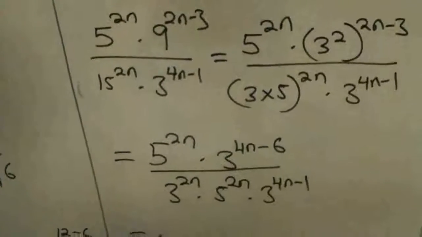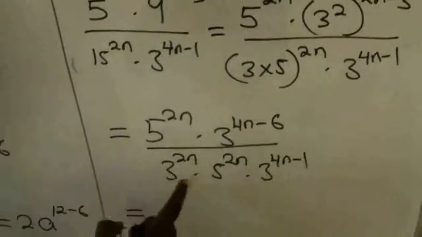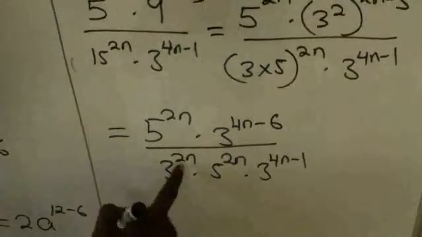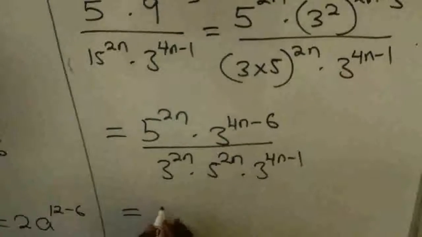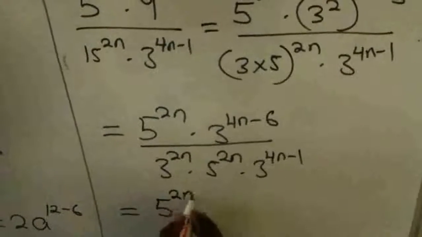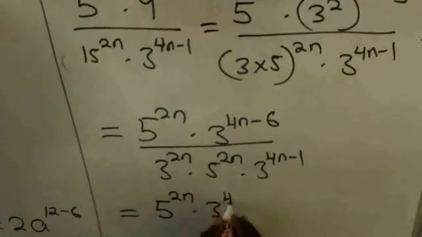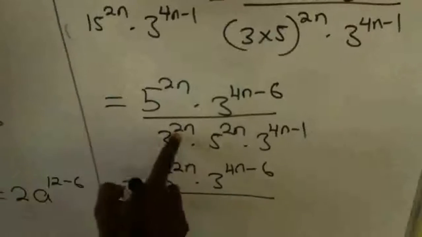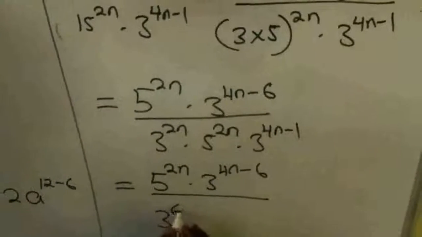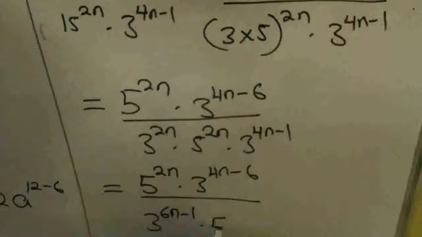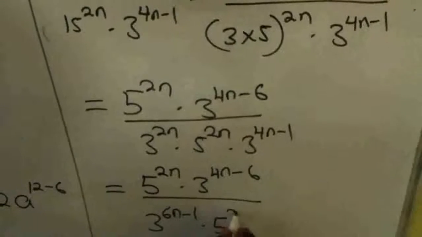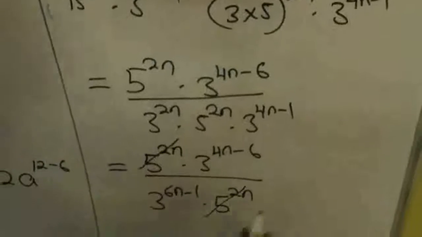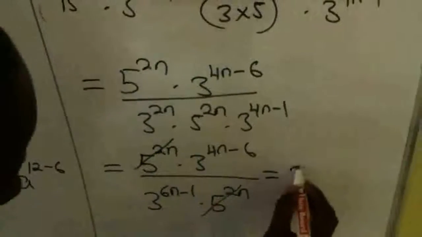Finally, the bases are the same and when multiplying we add the powers, so for the base 3 the denominator gives 6n minus 1, times 5 power 2n. But 5 power 2n is easy to cancel because they are the same, and therefore we shall remain with 3.